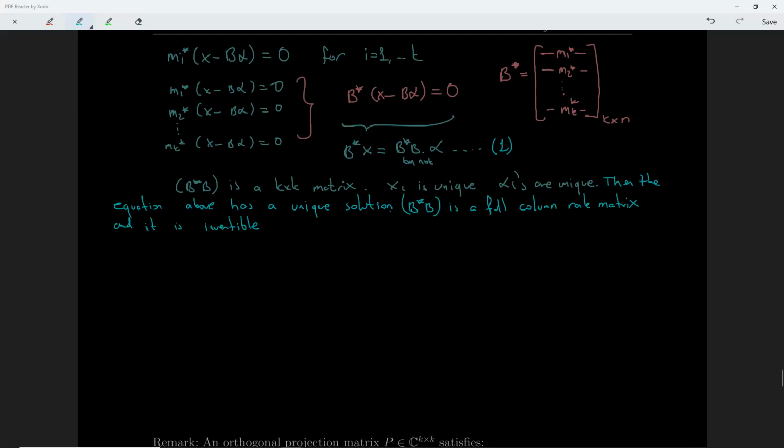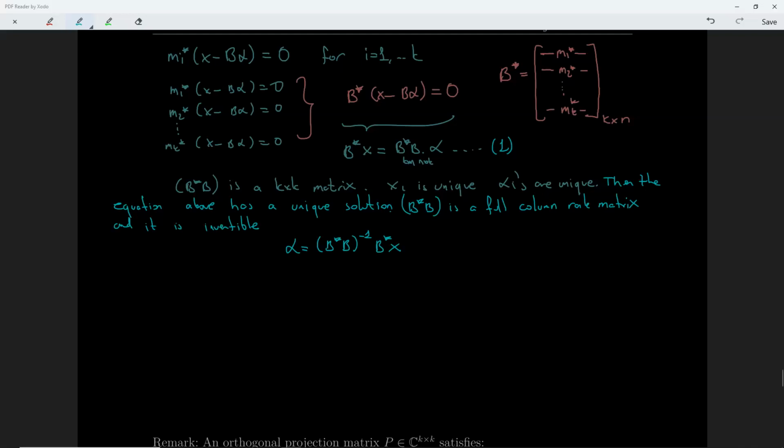So then I can write these unknown alphas as alpha is equal to B conjugate transpose B inverse times B conjugate transpose X.